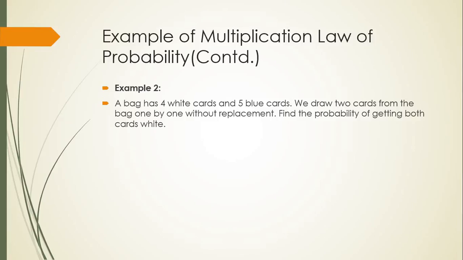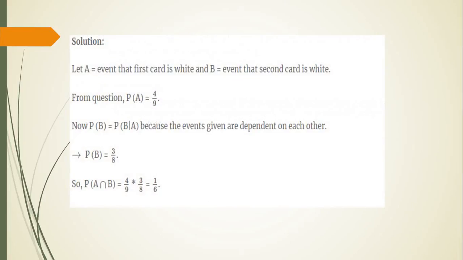Let's take another example. A bag has 4 white cards and 5 blue cards. We draw 2 cards from the bag one by one without replacement. We have to find the probability of getting both cards white. Let A be the event that the first card is white, and B the event that the second card is white.